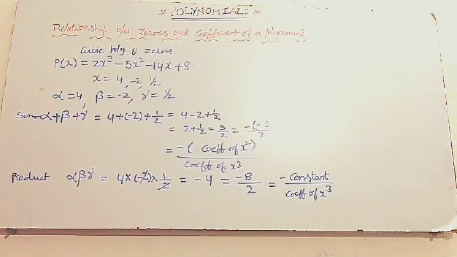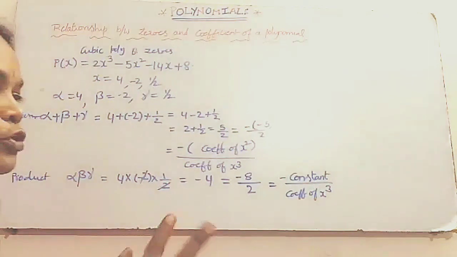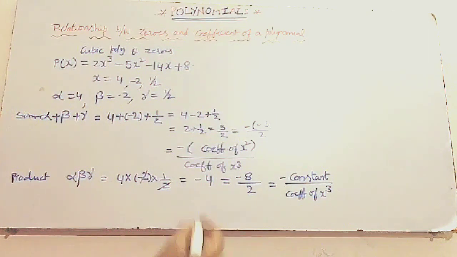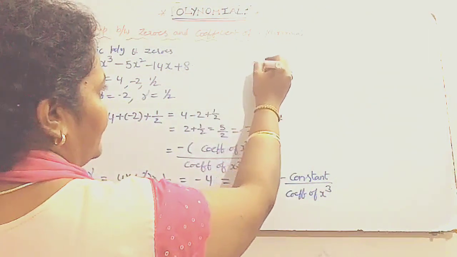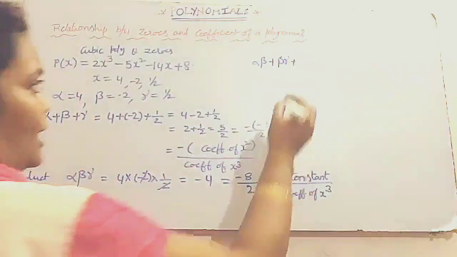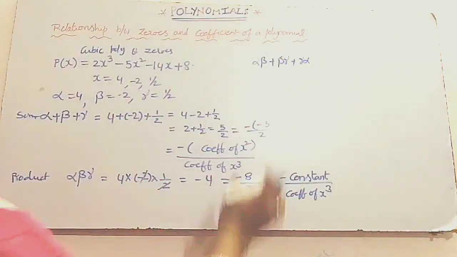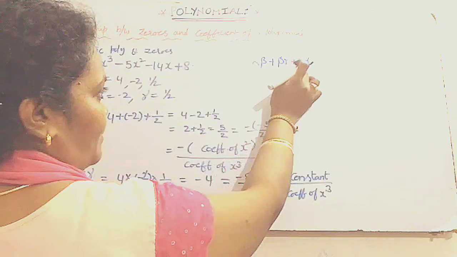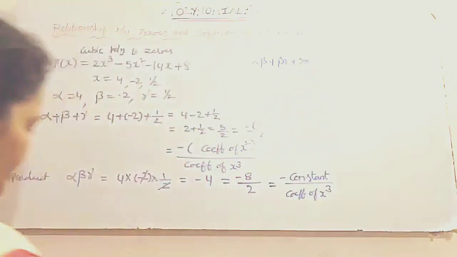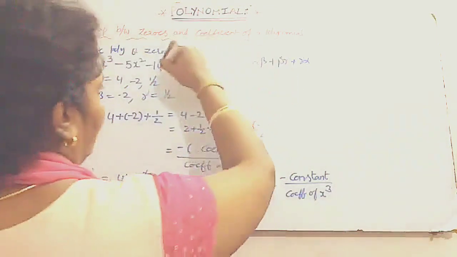And one more thing, in this we have another form. That means we have product of two roots and add them. That means alpha beta plus beta gamma plus alpha gamma. So now we will find alpha beta plus beta gamma plus alpha gamma. This is also one of the relations of the polynomial of that equation.